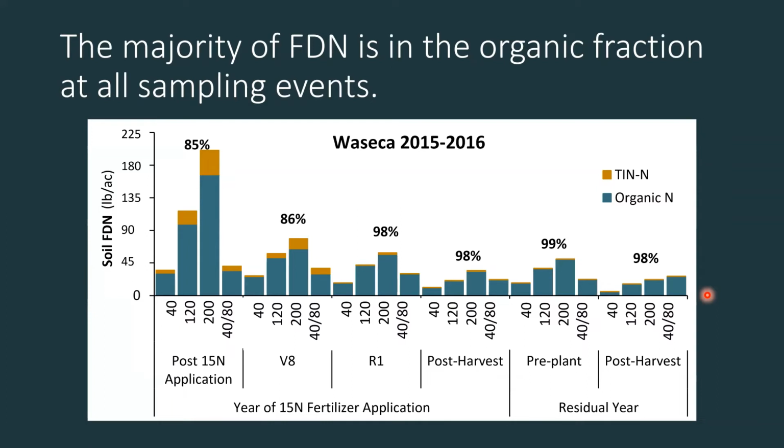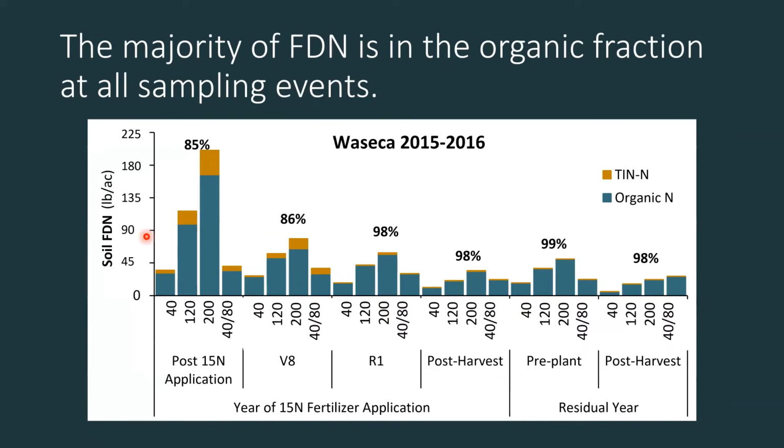And so this pattern of having the majority of the fertilizer-derived nitrogen in the organic fraction and the small fraction in the inorganic nitrogen, as shown in the orange here, or the gold color, actually continued on throughout the rest of the growing season.